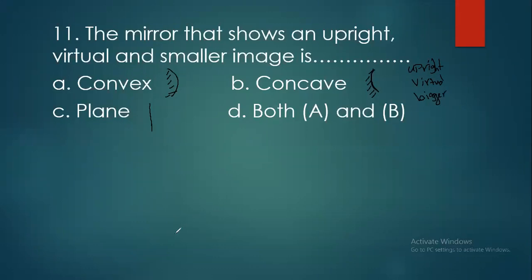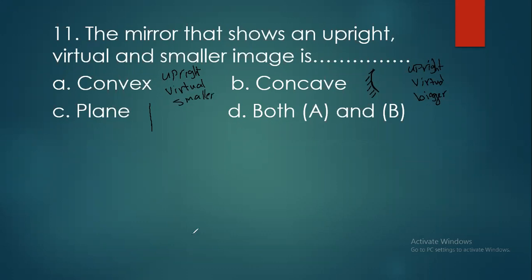On the other hand, as for the convex mirror, it can make upright, and actually this is the only case of a convex mirror, and it makes virtual, and it makes smaller image, right?